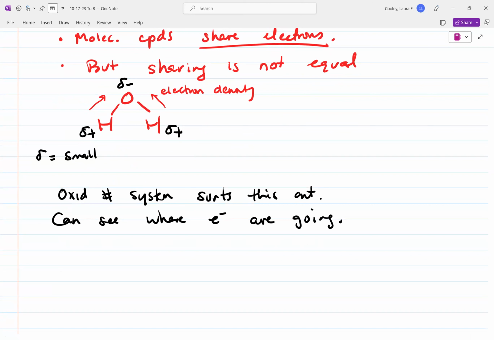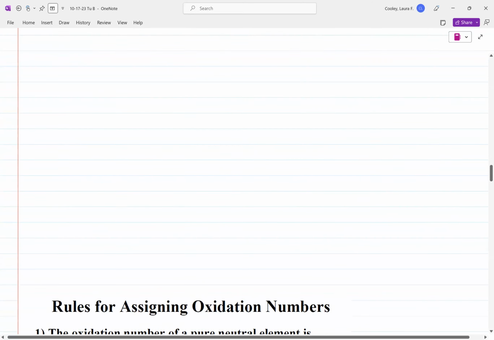They're really hypothetical values, and they just give you an idea of where the electrons are going. I know it's a little bit touchy-feely, it's not exact, but that's the way it is.